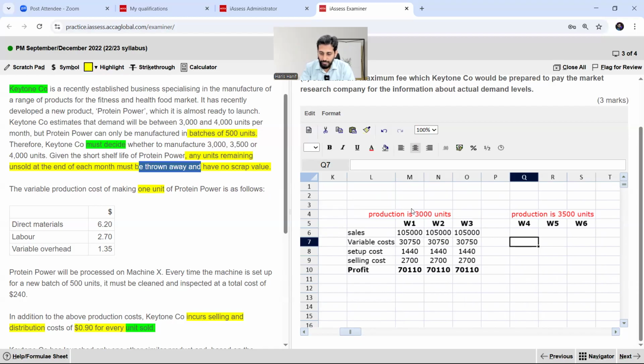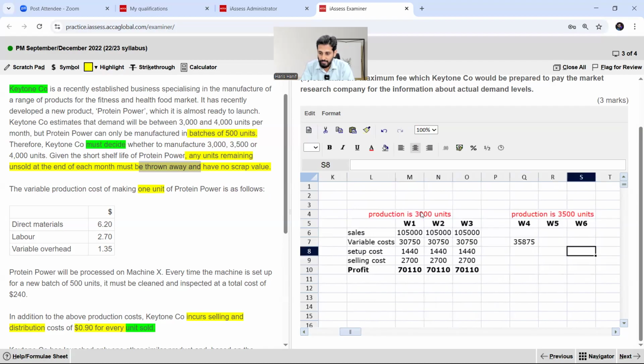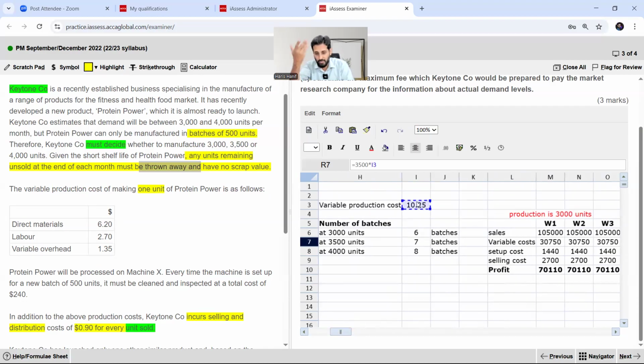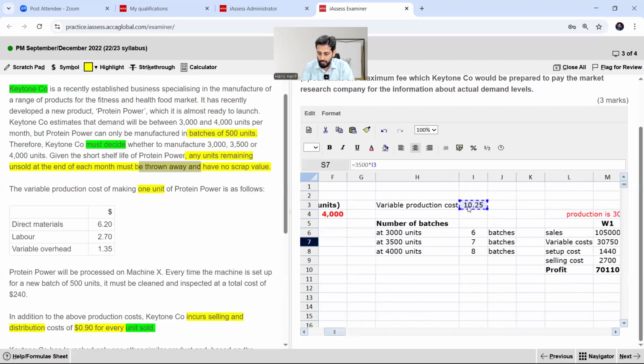So equals 3500 multiplied by 10.5. This was the value, right? 10.5. Press enter. The answer is 3500 multiplied by 10.25, sorry, 10.25. And here 3500 multiplied by 10.25, right?